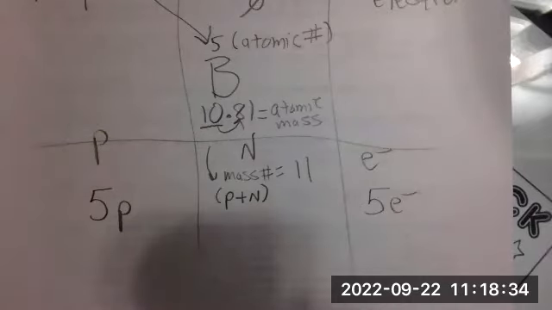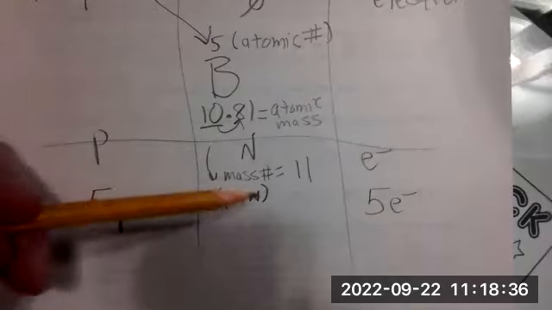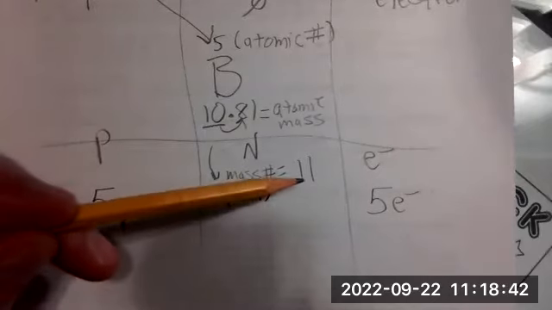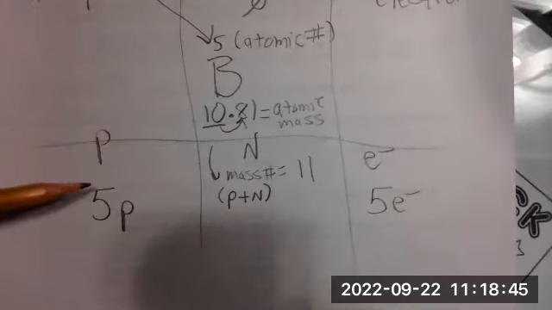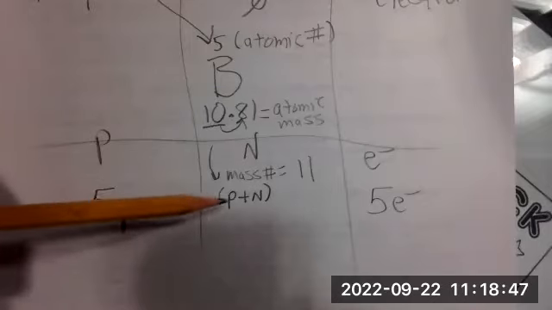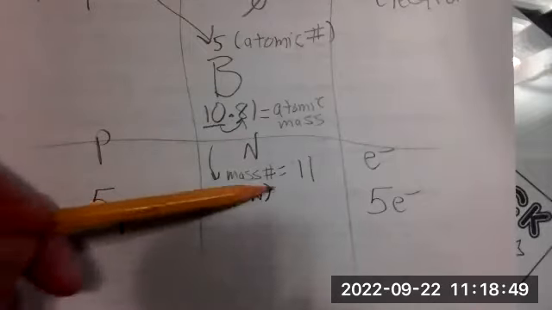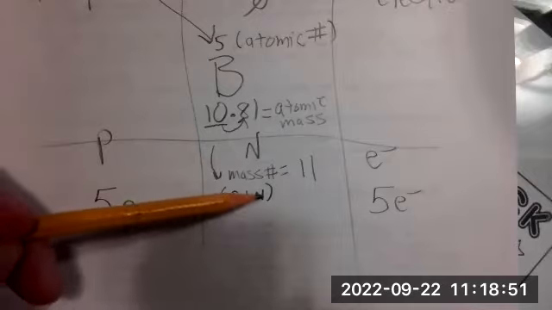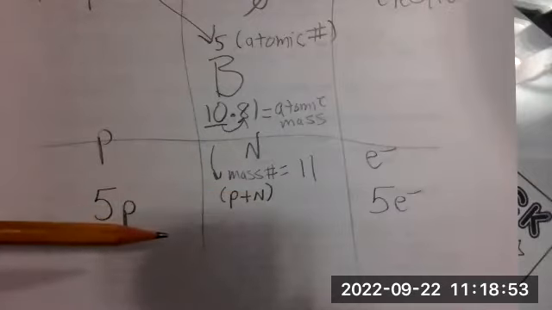So all that's left to do is a little bit of math, a subtraction really. Take a look. You round this number to find the total number of protons plus neutrons is 11. Well, I know there are 5 protons, so if I subtract the protons out of this number, all that's left is the number of neutrons. You see that?